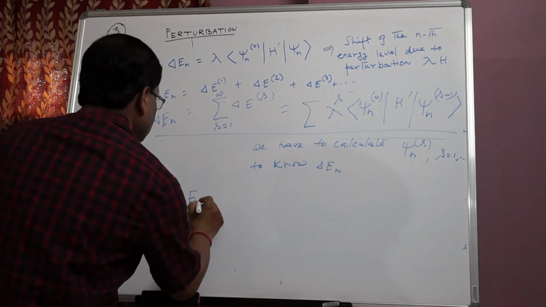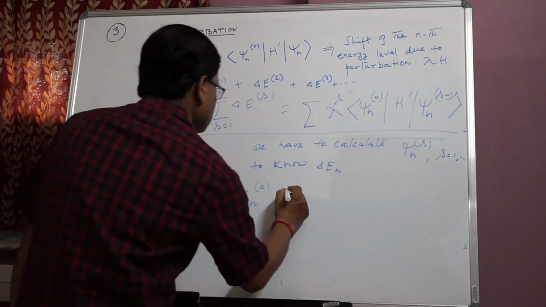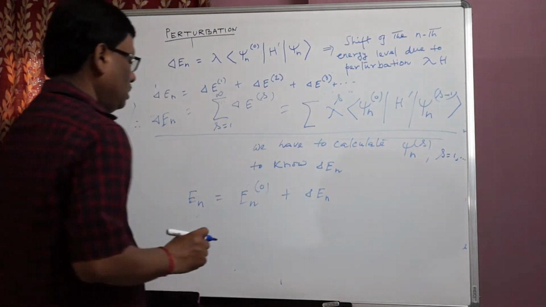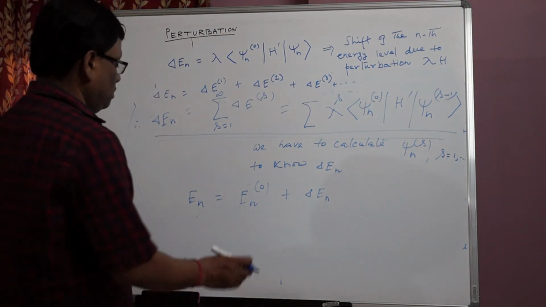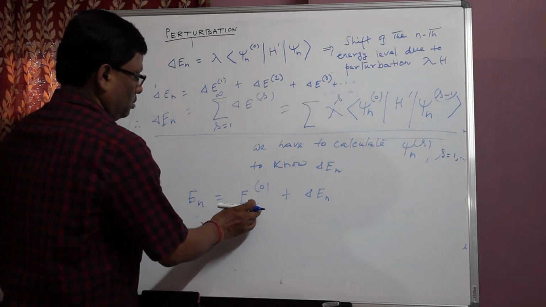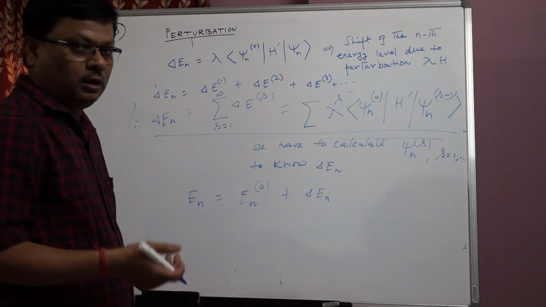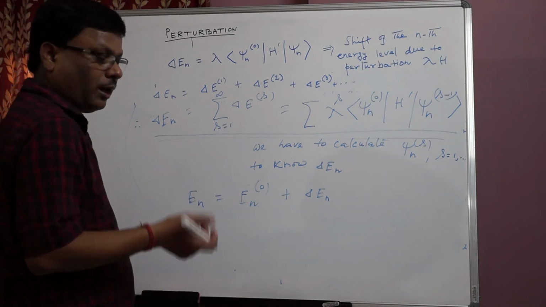So finally En is equal to En0 plus del En. Del En gives the corrections to zeroth order energy, unperturbed energy, to get the nth energy level of the perturbed Hamiltonian.